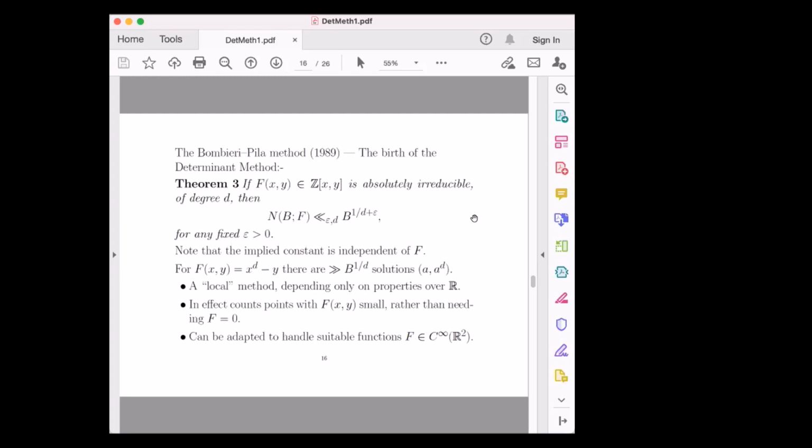And finally, there is the Bombieri-Pila method dating from 1989, and this is where the determinant method has its birth.